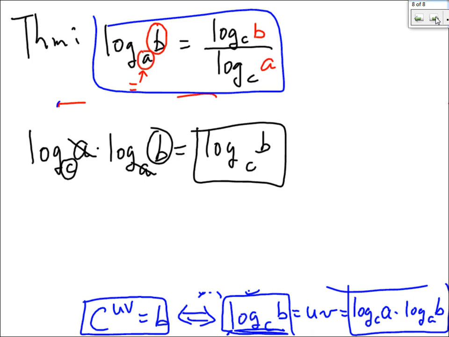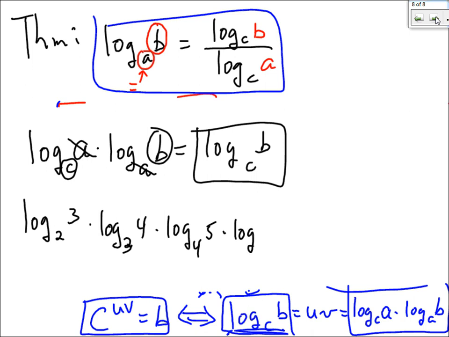In other words, if somebody asks you, what's log base 2 of 3 times log base 3 of 4 times log base 4 of 5 times log base 5 of 6 times log base 6 of 7 times log base 7 of 8, you should quickly say it's 3.